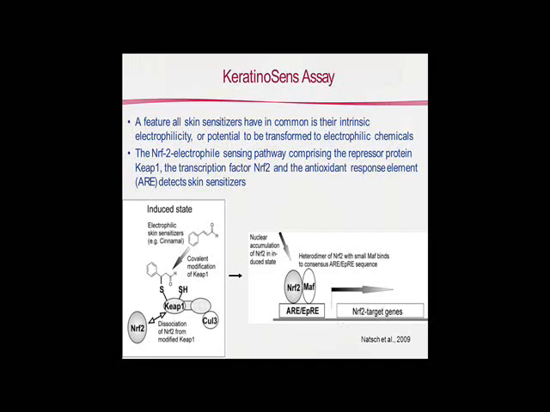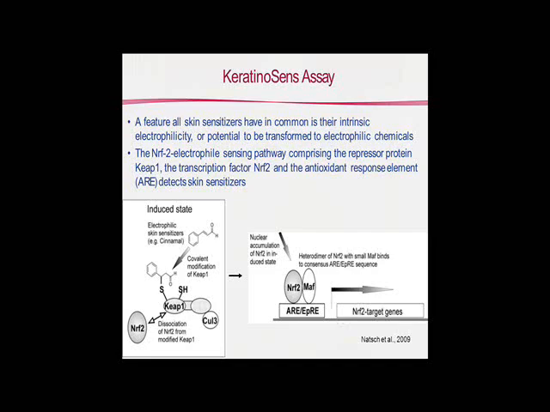Here in the cartoon shown, you'll see your electrophilic skin sensitizer. Once it interacts with these reactive molecules on KEAP1, your nucleophilic residues, this allows the dissociation of NRF2 from KEAP1, thereby allowing NRF2 to accumulate in the nucleus, where it can promote genes with an ARE sequence in their promoter, including the NRF2 target genes.